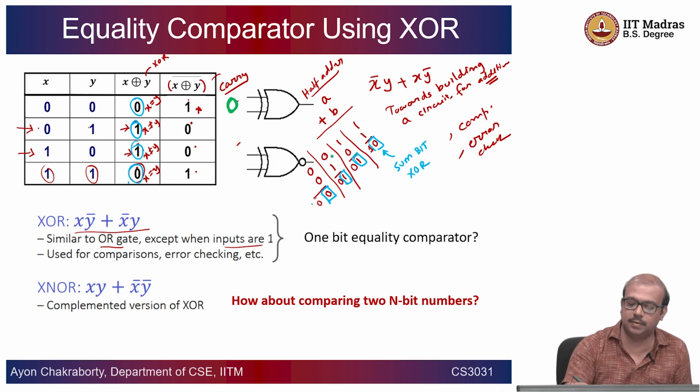If you have 0 and 1, the carry is again 0. If you have 1 and 0, the carry is again going to be 0. If you have 1 and 1, the carry is going to be 1. So, this is basically your carry bit.